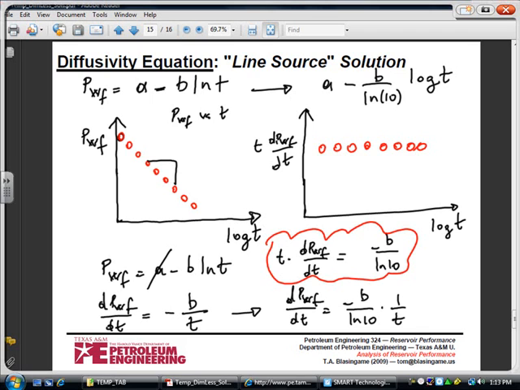Okay, repeat. Okay. When you plot the well-testing derivative of the pressure with respect to logarithm of time, and if it seems constant, then you understand that you are in the infinite acting radial flow region.